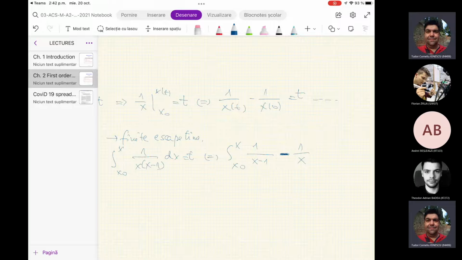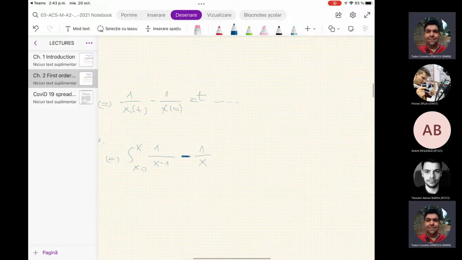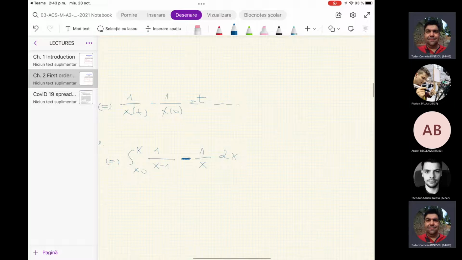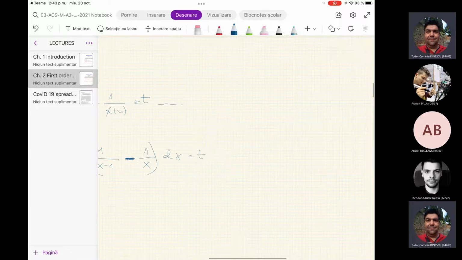If you do the calculations, this is x minus 1 minus 1, which is plus. Okay, it's correct. dx equals t.